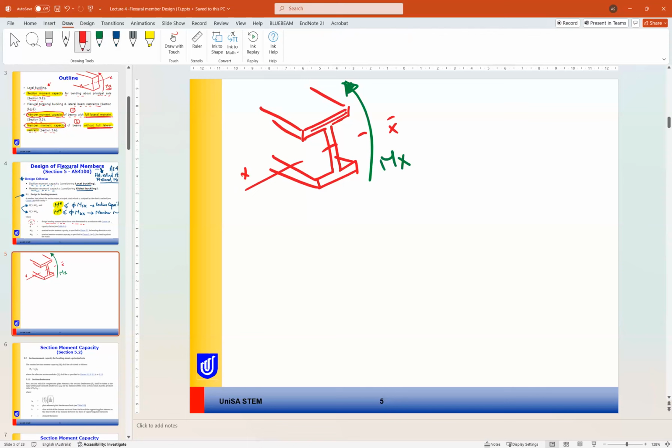So if this is our cross section, our focus is Mx. That's why M star is Mx star, and we have Msx and Mbx.